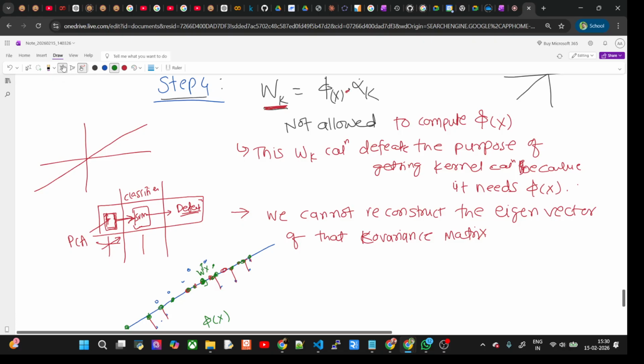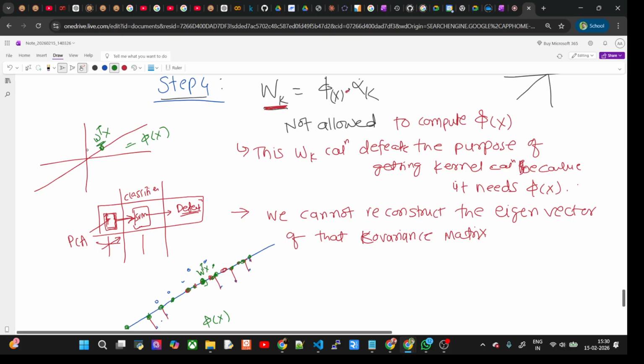Its projection is there, and what is this projection? In the lower dimension, in the normal case, we know that this projection is w transpose x. But now it is in higher dimension, so x is like phi of x. You are projecting the higher dimension.